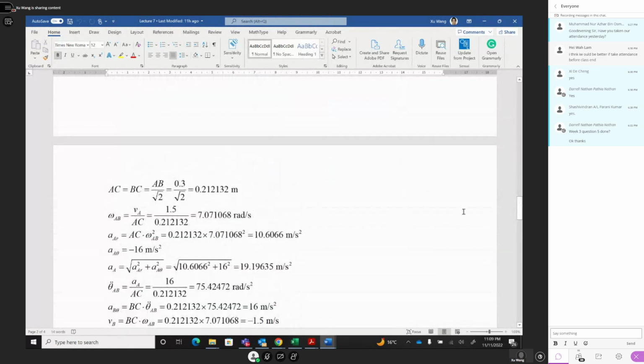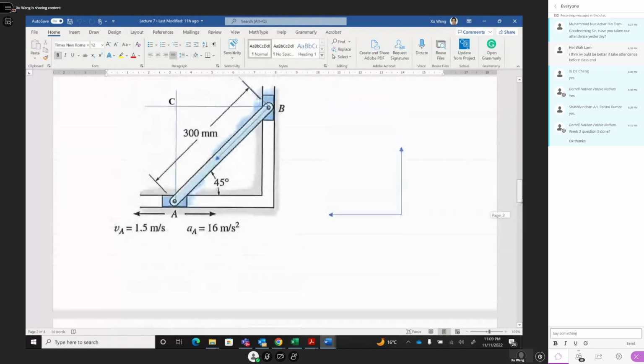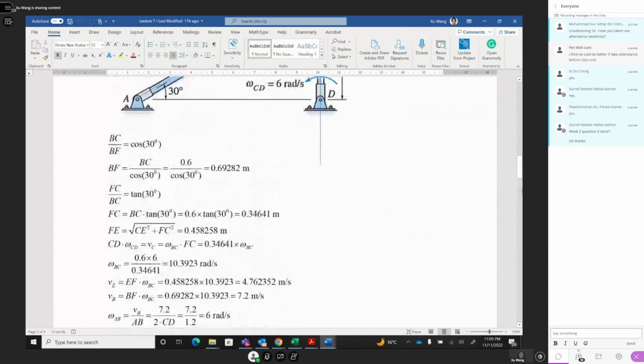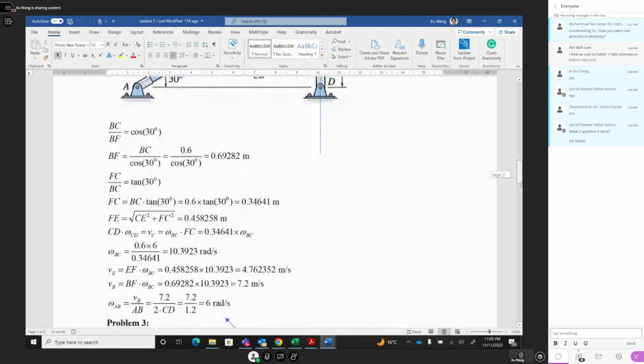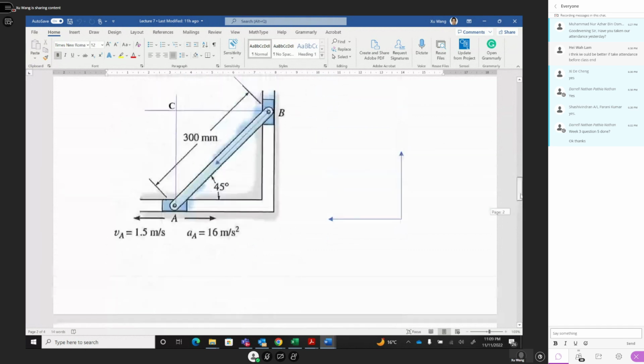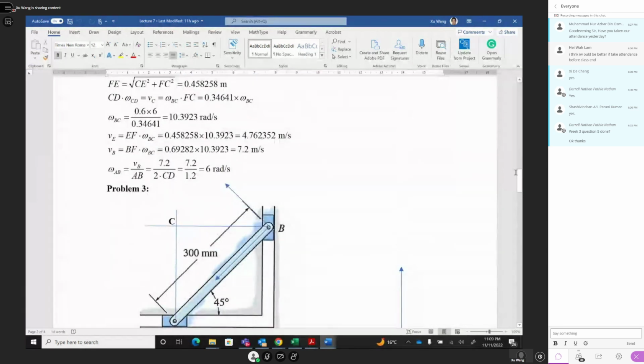AC equals BC, because of the 45 degree, equals AB cosine 45, which is square root 2 divided by 2, or 1 over square root 2, same thing. So you can calculate the AC, BC from AB. AB is 0.3, right? You calculate 0.212. You can calculate AC and BC, which is the radial to the rotation center.